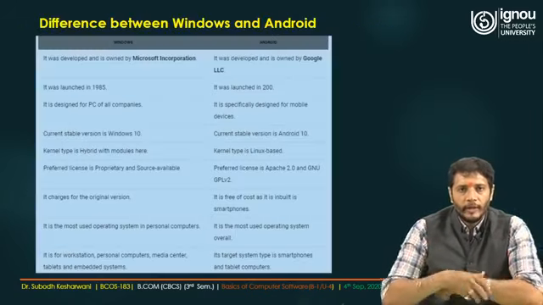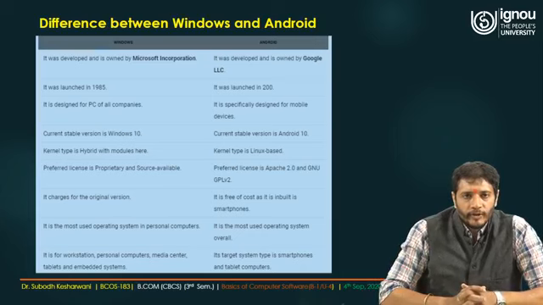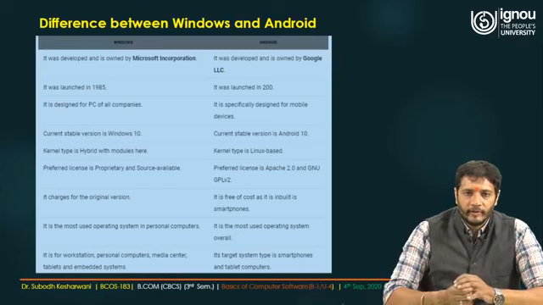If you see the difference between Windows and Android, Windows was developed by Microsoft Incorporation, and Google developed Android. Windows was launched in 1985, almost 15 years back. I have already talked about how Windows is the licensed version, and Android is somewhat free.